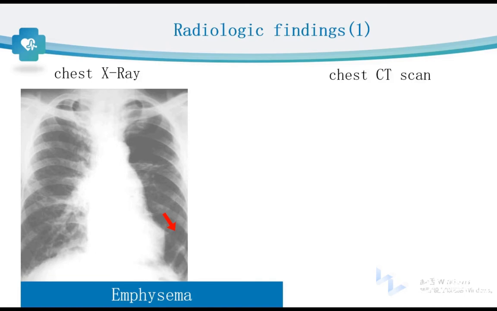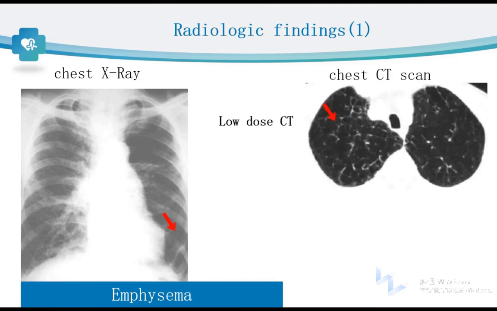And about the CT scan, there are two types of CT scan for COPD patients. One is the low-dose CT. As the picture showing, we can find the density of the two lungs decreasing. And according to this image, we can diagnose emphysema.